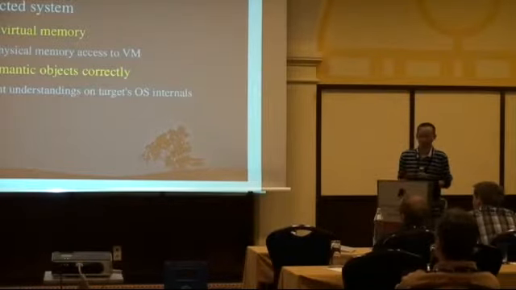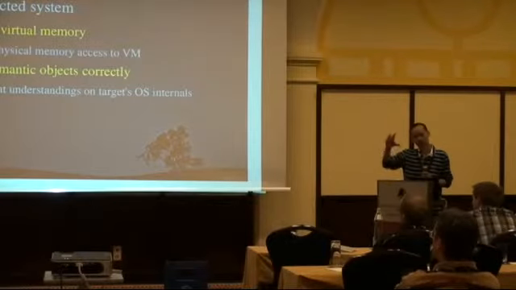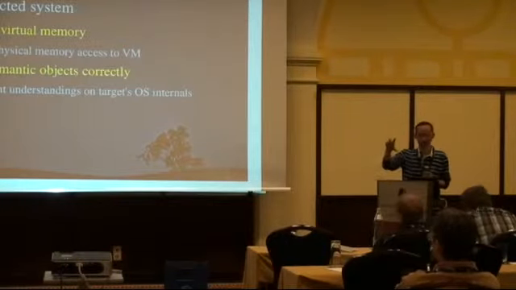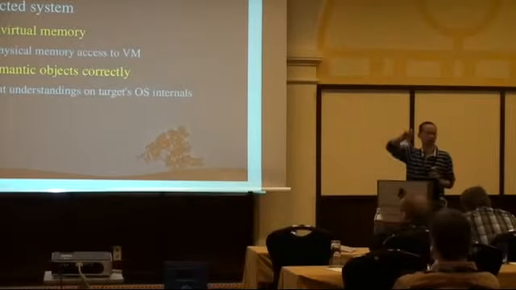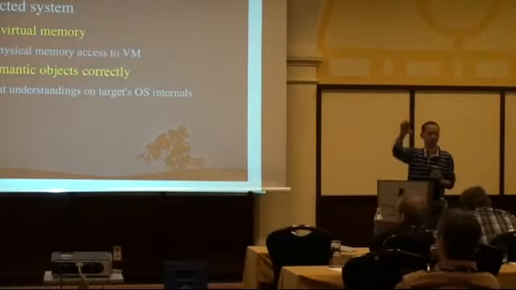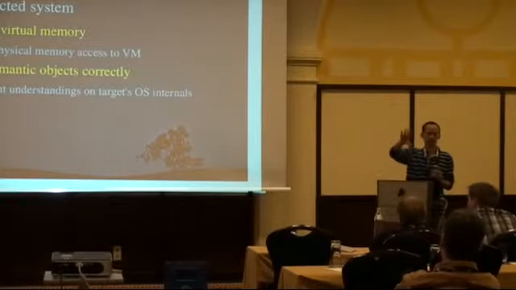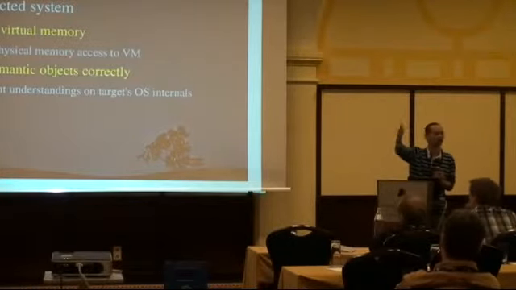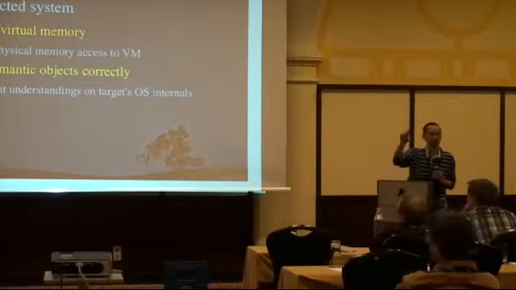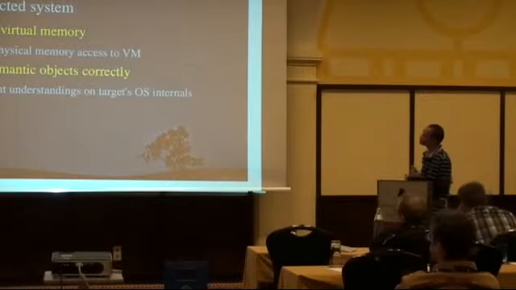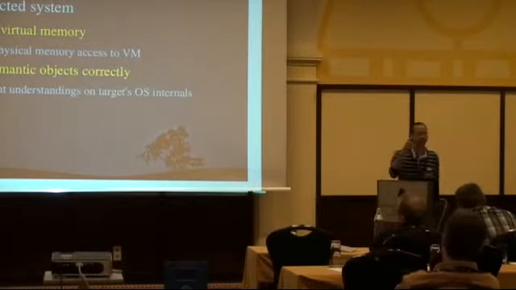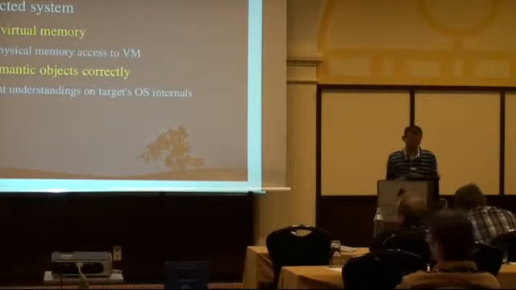The biggest challenge is that from outside, you can see the memory of the guest virtual machine, but what you can see is only the raw memory. You see the first page of the memory, second page, third page, but you don't know in detail what is inside the memory. You only see the raw memory. So our job is to analyze the raw memory to understand the context inside the memory.